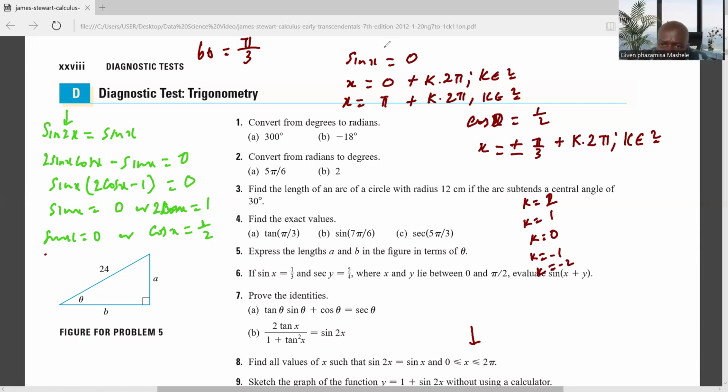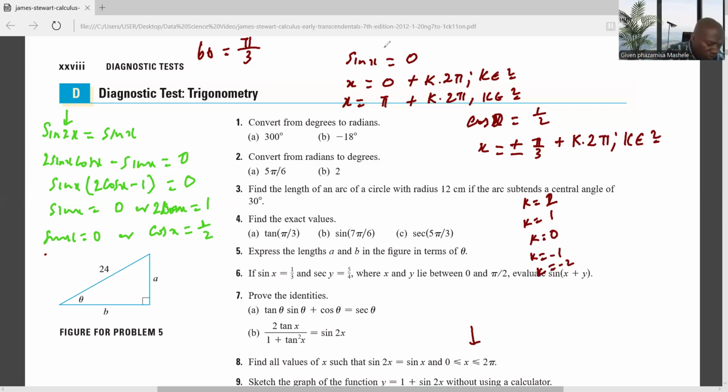If k equals 1, if you put 1 here, and here we put 1, you see that this will give us 2 pi. It will also give us 3 pi, but 3 pi will be out. And when you put 1 here, it will be 2 pi plus pi over 3, which is 7 pi over 3.